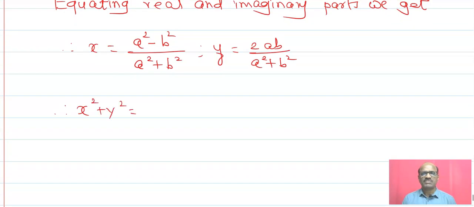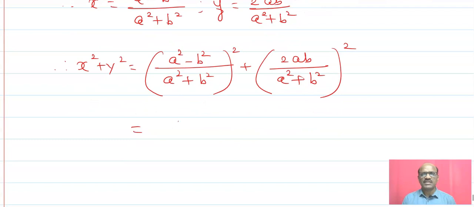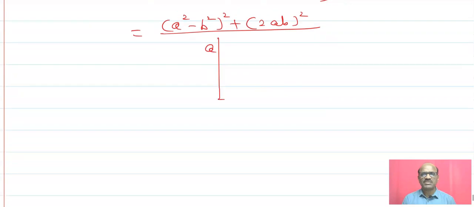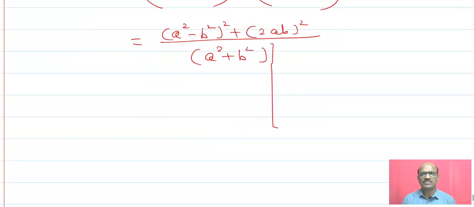Therefore, x square plus y square is equal to, substituting the values, a square minus b square upon a square plus b square, bracket square, plus 2ab upon a square plus b square, bracket square. That is a square minus b square bracket square plus 2ab bracket square upon a square plus b square whole square.